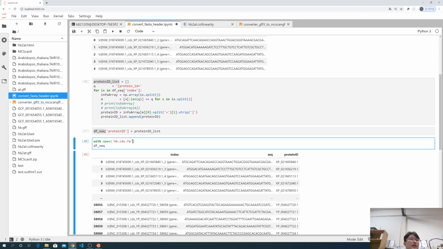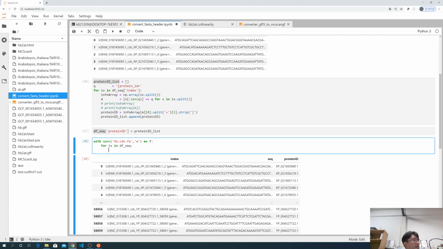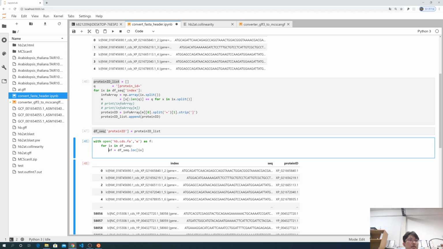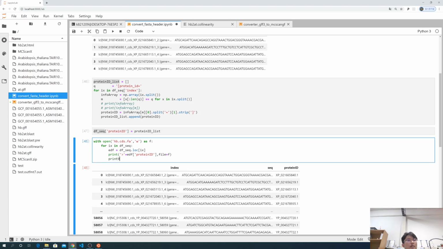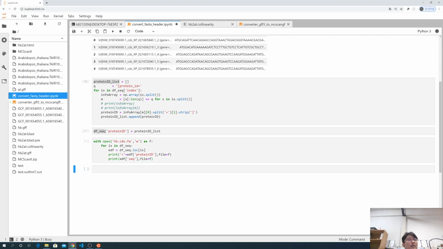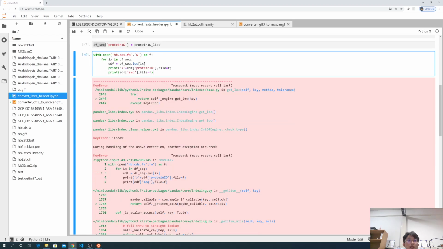Open the CDS FASTA as F4, for x in protein ID, print. What?